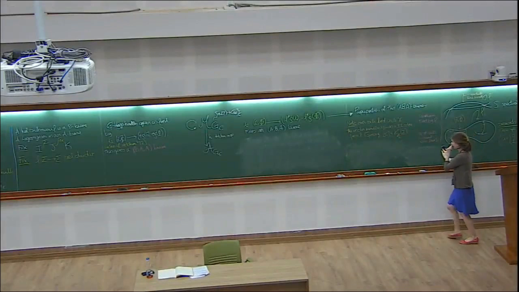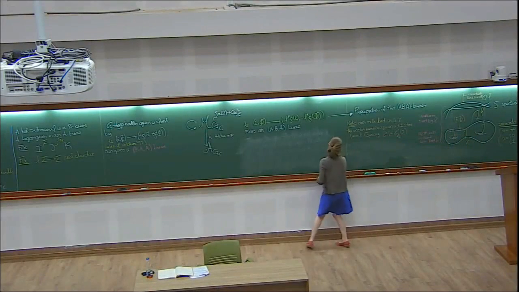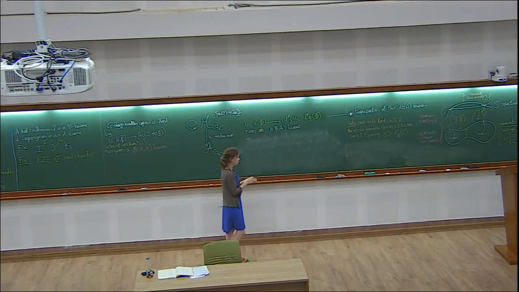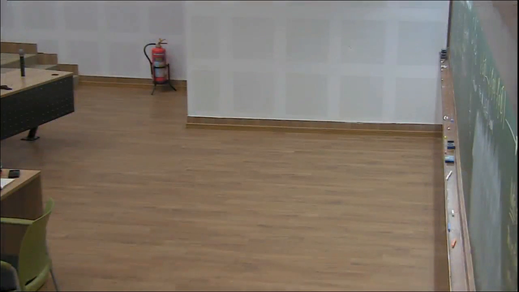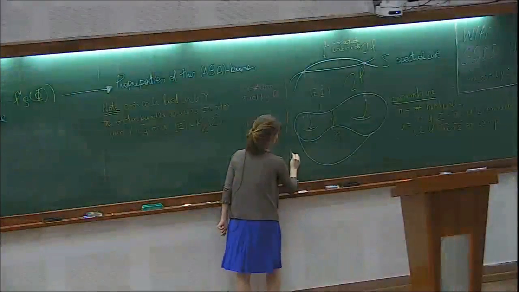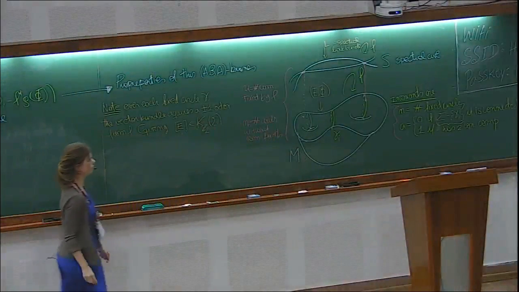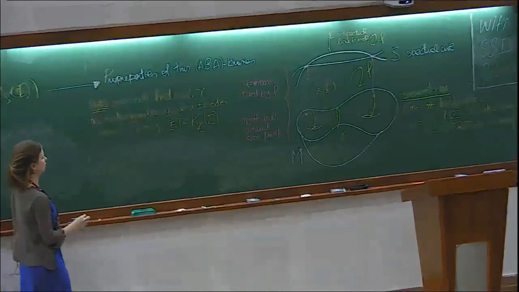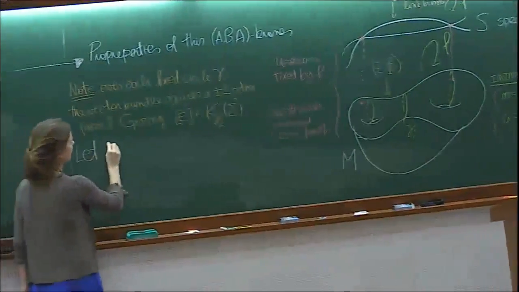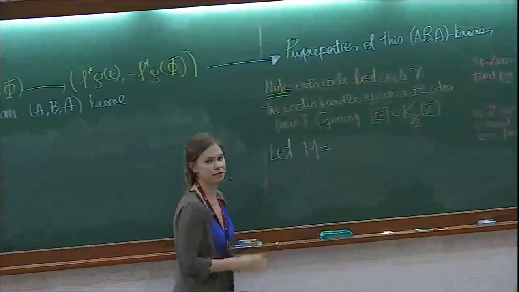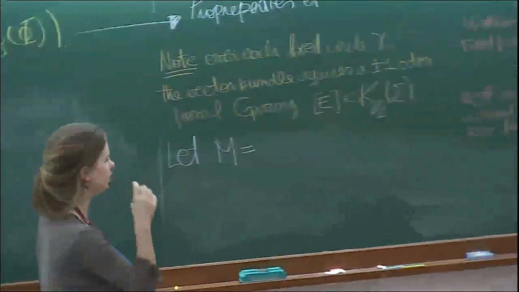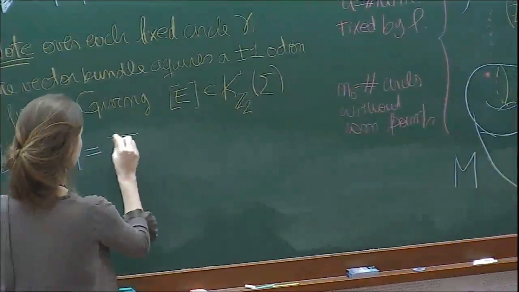What I want to do now is look at three manifolds. I want to construct from our Riemann surface a three manifold whose boundary is our Riemann surface. So I want to construct, and let me just draw it like this, very badly, a three manifold M, whose boundary is Sigma. It's going to be a very particular one, but it's going to include handlebodies and a lot of things that are interesting.